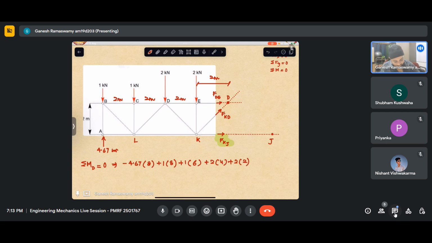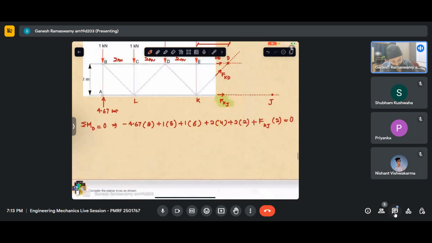Now we have accounted for all the vertical forces. Now we have to account for this. So this distance is given to be 2 meters here. So we can take that as FKJ into 2 equals 0. So can we calculate FKJ from here, what it comes out to be?